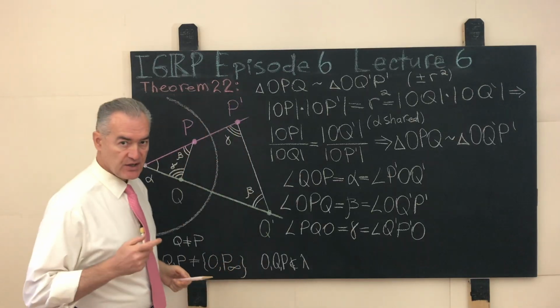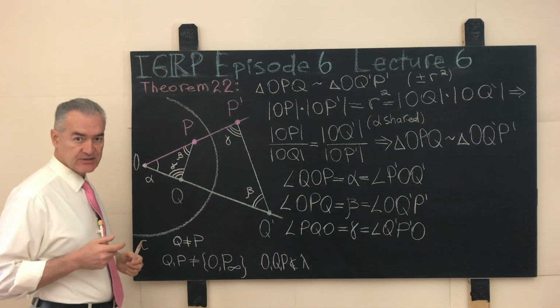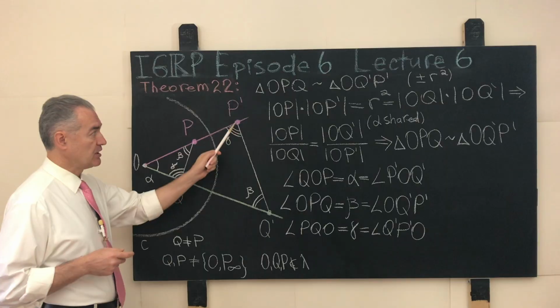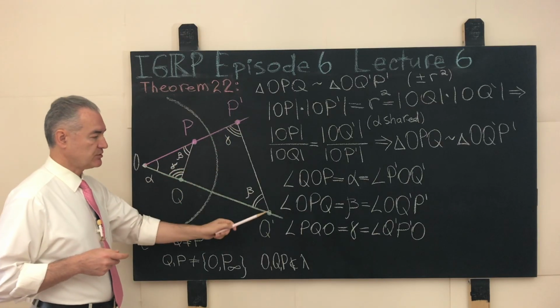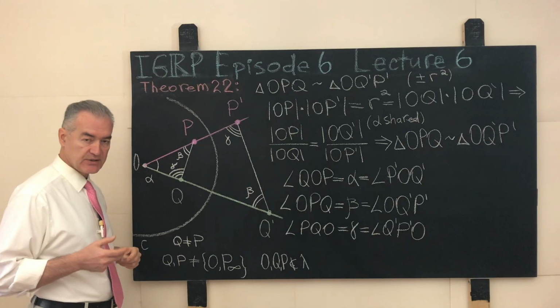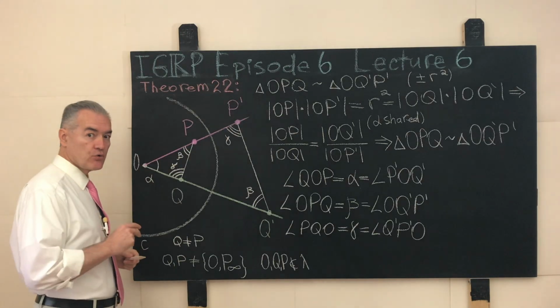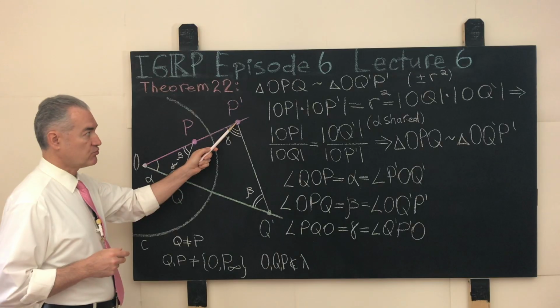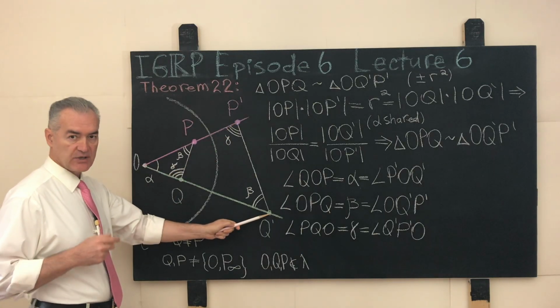That power could be positive for both images P prime and Q prime, or that power could be negative, but it has to be negative for both images P prime and Q prime again.